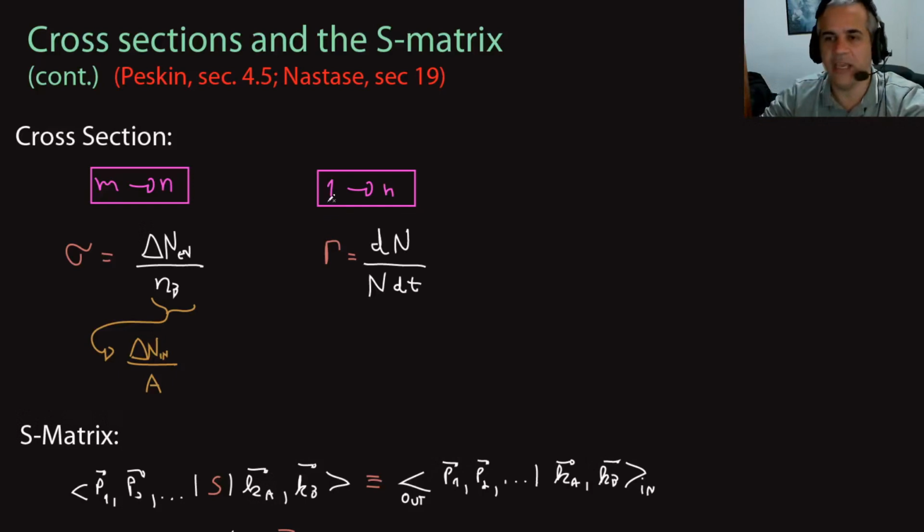We call that a decay, or more generally, there's the scattering of m particles into n particles, which we call the cross-section. And I tried to argue that these are proportionality constants between the geometry and the number of events that actually happen. So they encode, given a particular geometry, how probable it is to generate events.